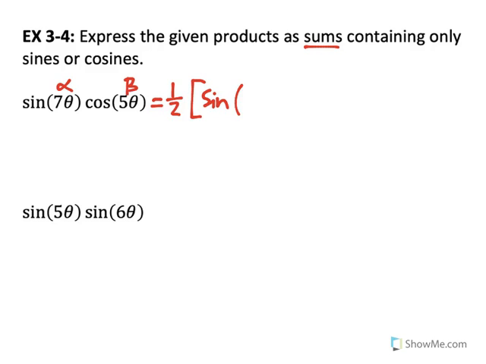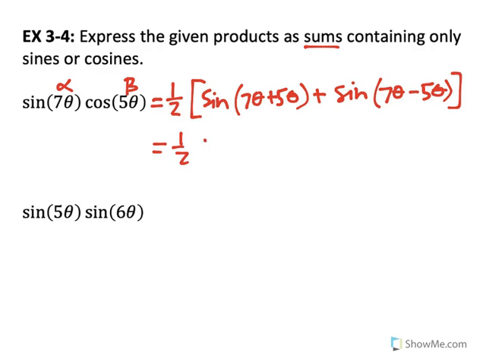So sine of 7 theta plus 5 theta plus sine of alpha minus beta. And then we just simplify that. That gives me 1/2 times sine of 12 theta plus sine of 2 theta.